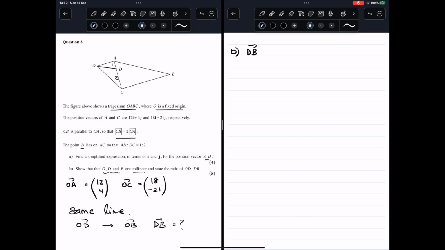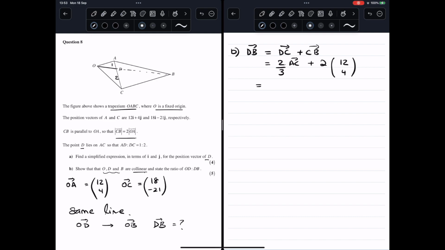So let's go ahead and find out what DB is first. So DB can be written as DC plus CB. So let's just join the D to B together. And now for DC, I know it is 2/3 of AC, okay? And CB is just twice OA, which is already given to me as 12 and 4, so twice 12 and 4 there.